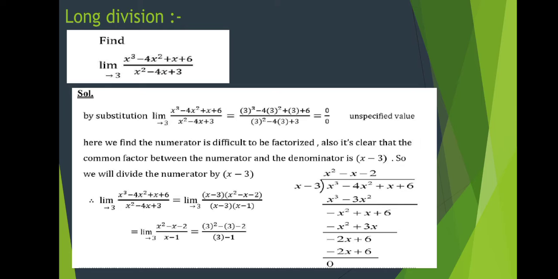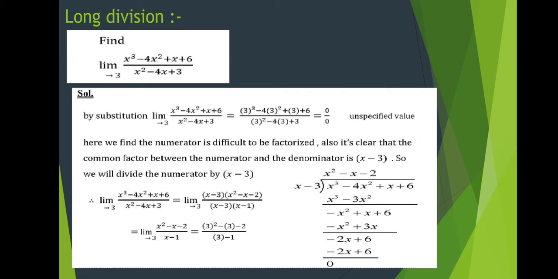Then x power 2 times negative 3, we get negative 3x power 2. Switch the sign of the second part. x power 3 cancels with x power 3, negative 4x power 2 plus 3x power 2 عشان عملنا switch للsign. The answer is negative x power 2 plus x plus 6.